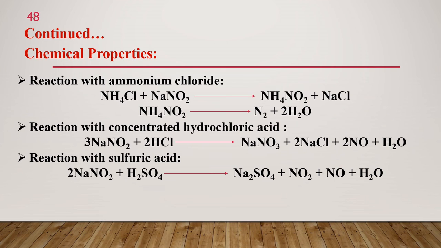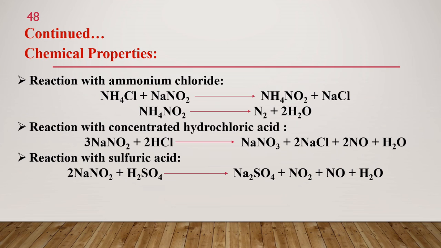Chemical properties of sodium nitrite. The first one is the reaction of sodium nitrite with ammonium chloride. On heating ammonium chloride with sodium nitrite, initially ammonium nitrite is formed along with sodium chloride. Then this ammonium nitrite decomposes further into nitrogen and water.